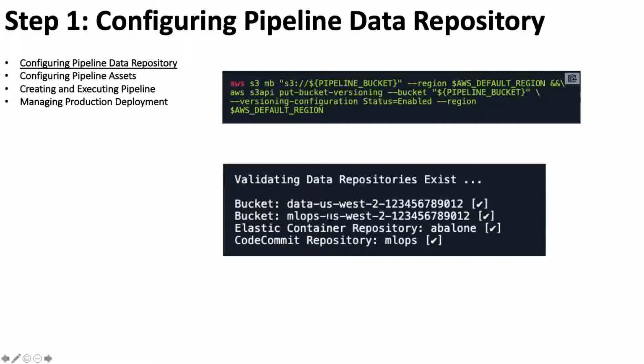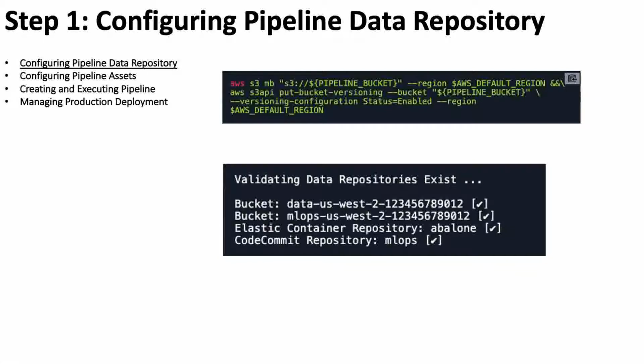The code over here is for us to store the machine learning Python code, system test code, ETL scripts and such. And that is in the CodeCommit repository. And then we also have containers. So you may not get a very clear sense of how these things work together, but just bear in mind that this is how we start, and we will have this environment created for the assets.